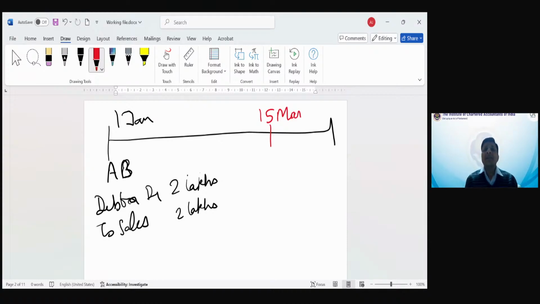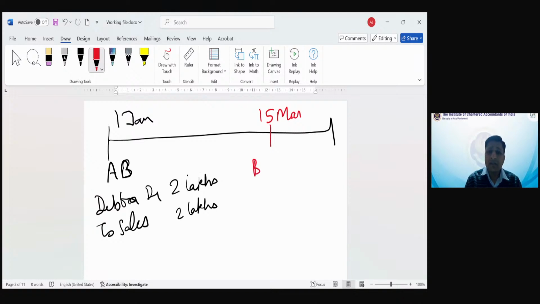So what does it mean? That the money will now not be recovered from the buyer, or the chances are completely reduced. So now in this case, what will you do? Because they have gone into liquidation, in respect of this debtor, bad debts will be recognized.